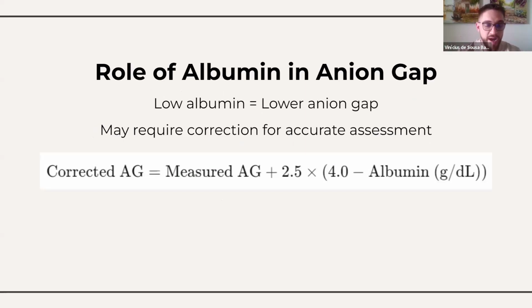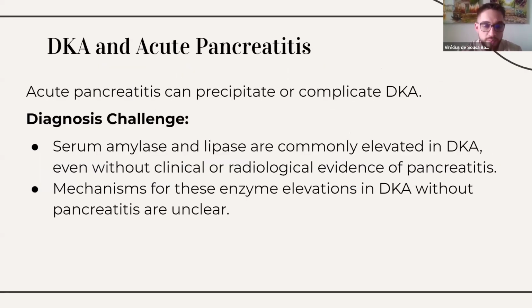And then you need to correct the measurement, and the correction is made by this formula. So the corrected anion gap is equal to the measured anion gap plus 2.5 times 4 minus the albumin. So you will have the corrected anion gap when you put the actual value that you measured for the albumin.